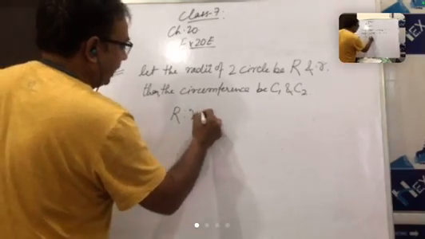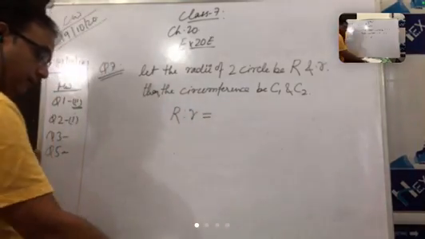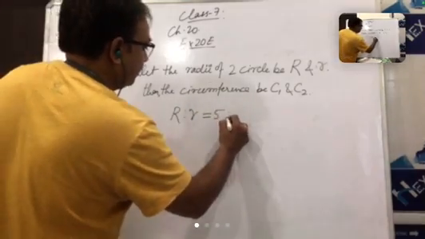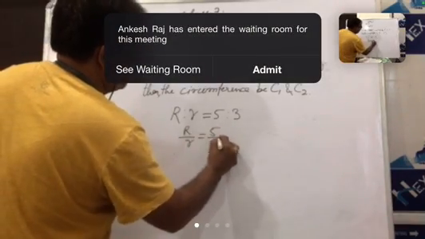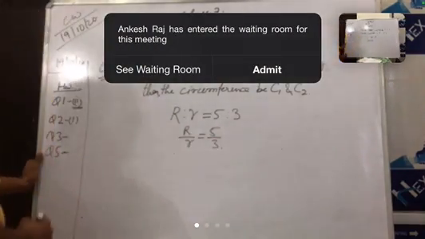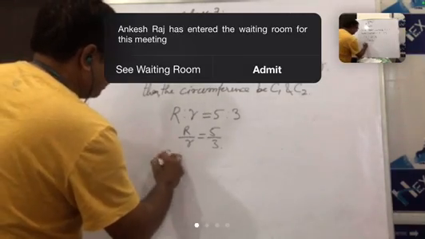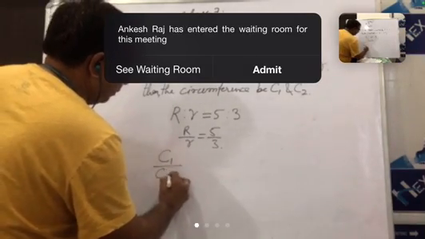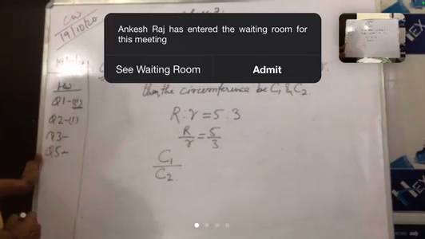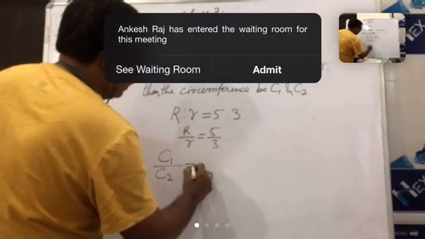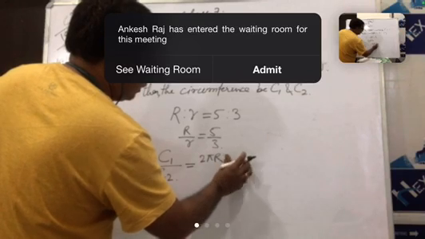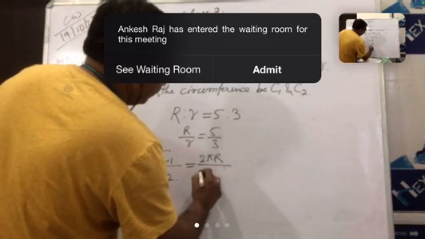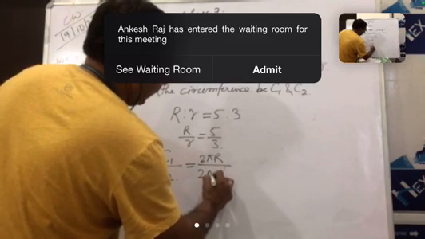R is to r is equal to 5 is to 3 is given. Means R upon r is equal to 5 upon 3 is given here. Now we have to find the circumference C1 upon C2. Clear? Is equal to 2 pi R, capital R, and 2 pi r.